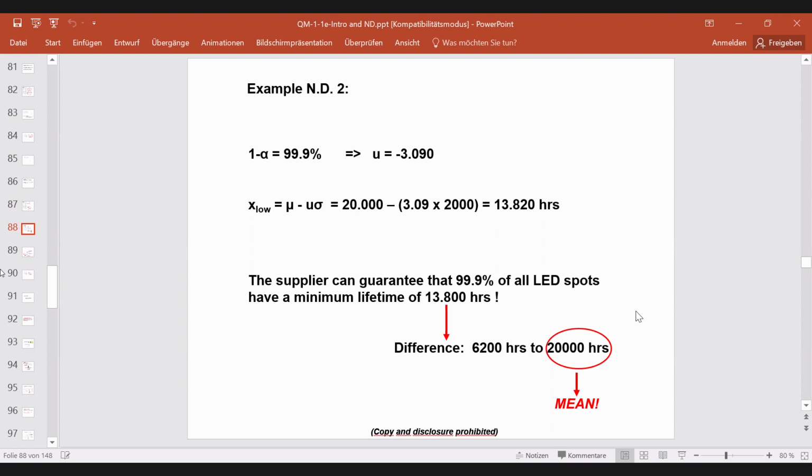The mean was 20,000 hours, but the guarantee the supplier can give, that nearly 100%, it's 99.9%, have a minimum lifetime of 13,800 hours, which is a little bit more than 6,000 hours lower than the mean.